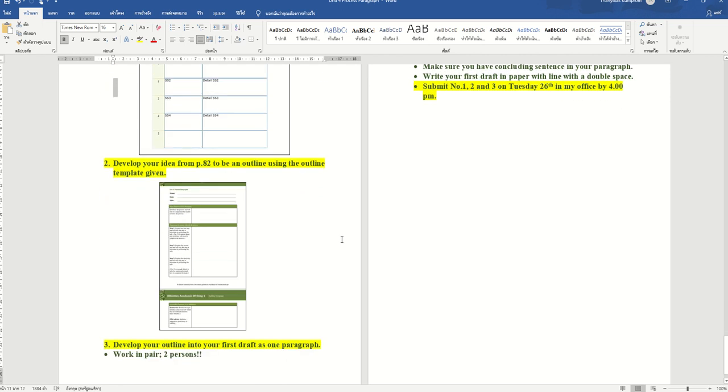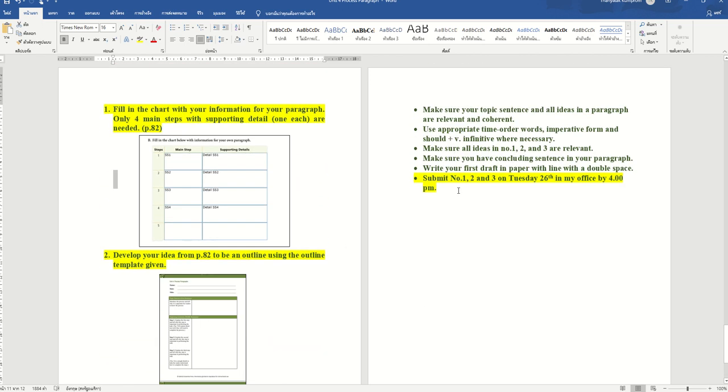Your final draft, do not forget, make sure the topic sentence and all ideas in the paragraph are relevant.